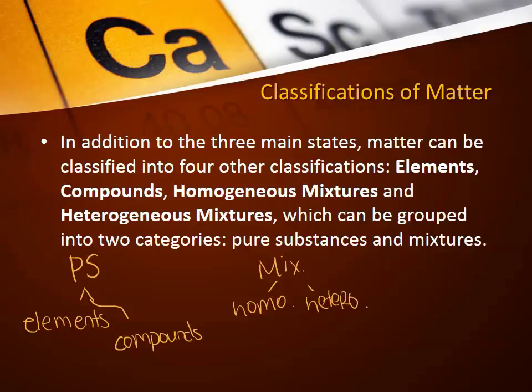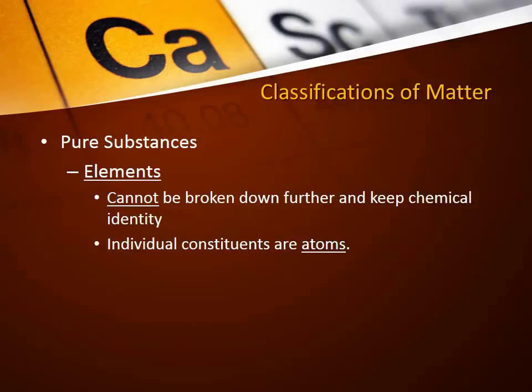So the first of our pure substances that we're going to talk about are elements. These are substances that cannot be broken down any farther and keep their chemical identity. Individual constituents of these are atoms. An example of this would be carbon.